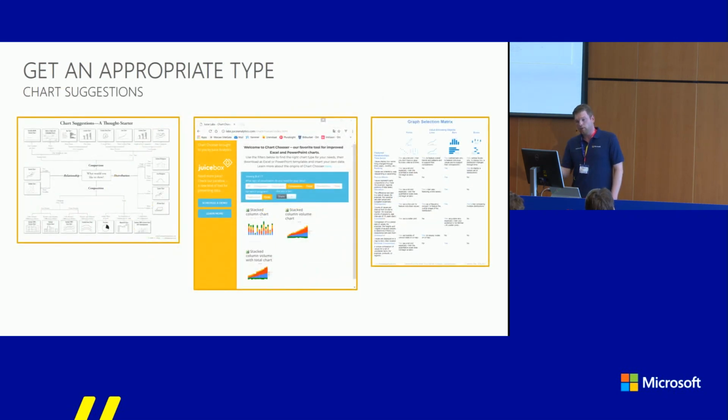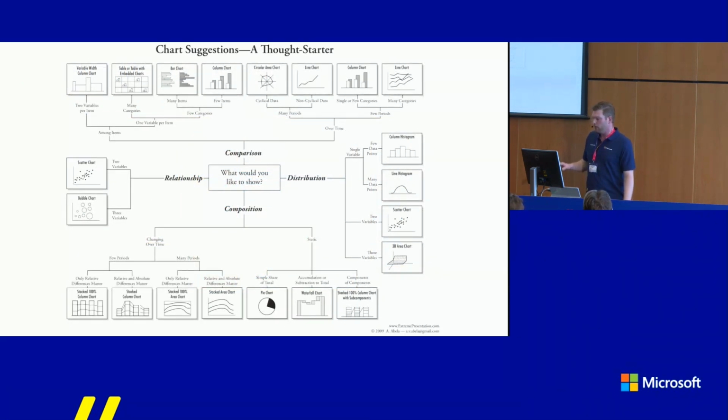And then if we talk about charts, there is a great deal of different charts. And if you really pay attention, not every chart is appropriate for every situation. This image really helps. It's actually quite an old image, but it's still appropriate. You start in the middle, and you see, do I need to explain the relationship between stuff or distribution between stuff?